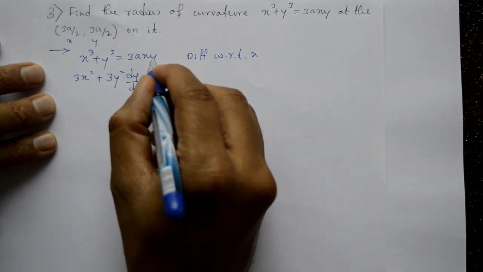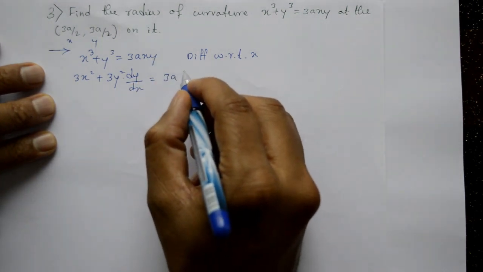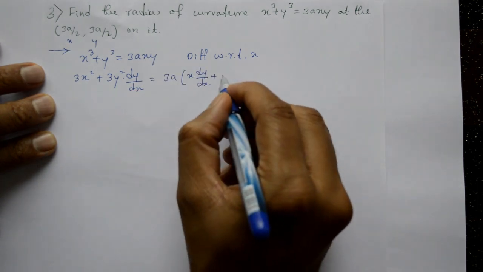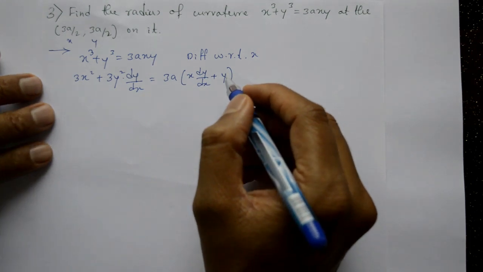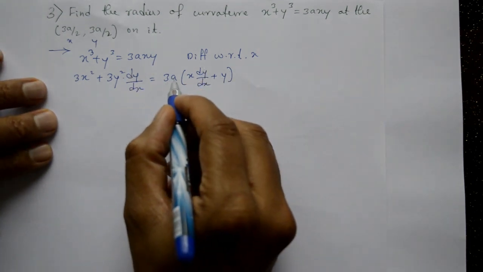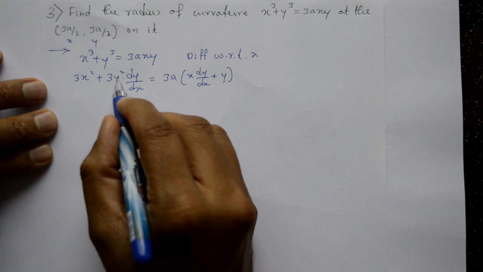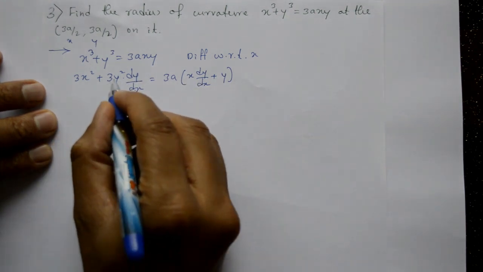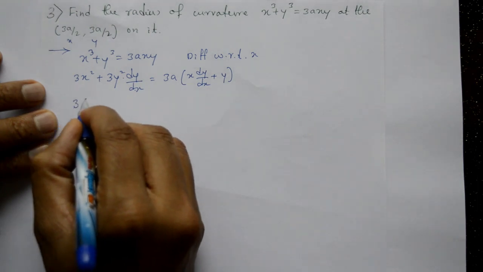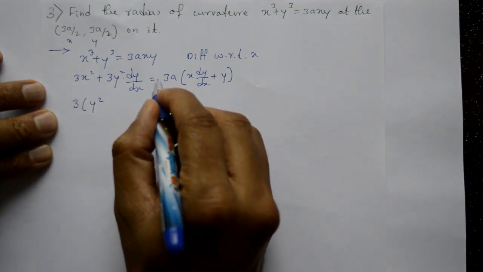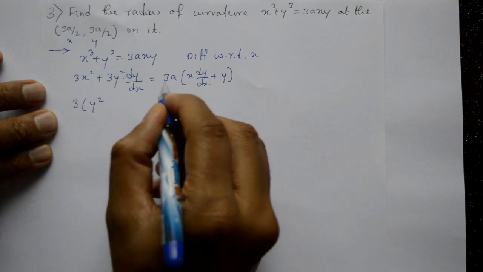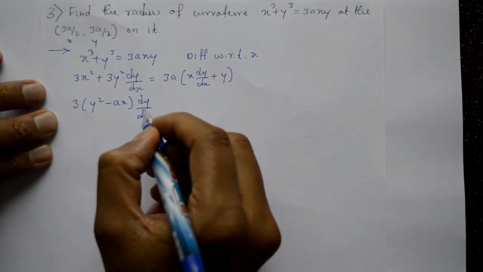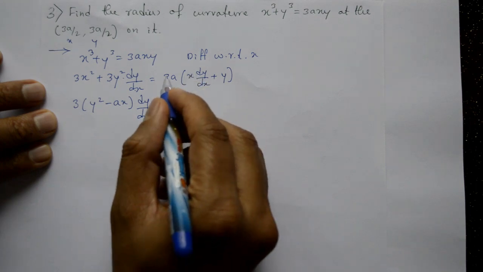Now differentiate x into y using the product rule: x into dy by dx plus, x becomes 1, only y remaining. So 3a x dy by dx, 3y square dy by dx. Take dy by dx to one side. In these two terms 3 is common: y square minus ax. Dy by dx is on one side. Shift this part to the left hand side.